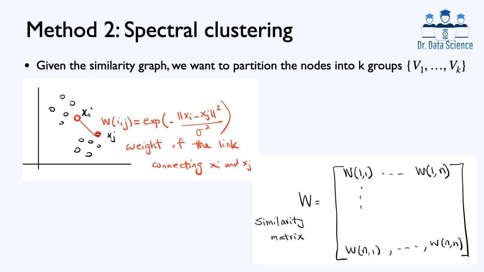Therefore, the Gaussian kernel function here is an appropriate choice. This allows us to find all weights or connections between nodes in the dataset by forming the similarity graph and its weight matrix, which here we denote by W.